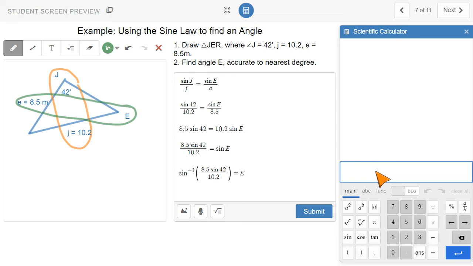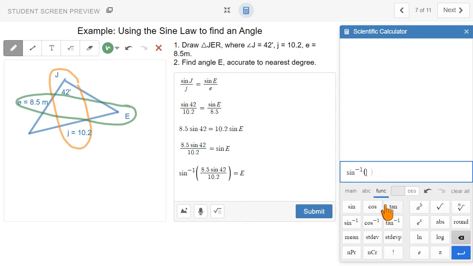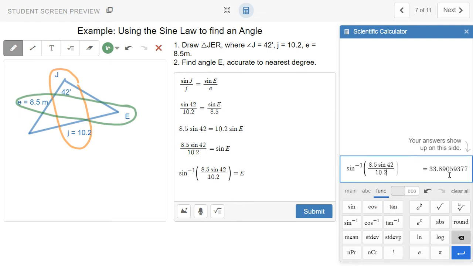Go to our calculator. 8.5 sine 42 divided by 10.2. And we have angle E as 33.8.